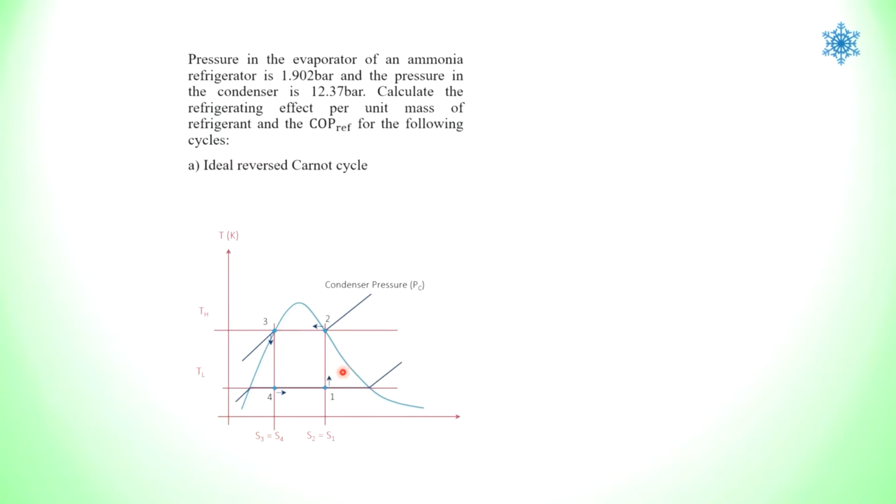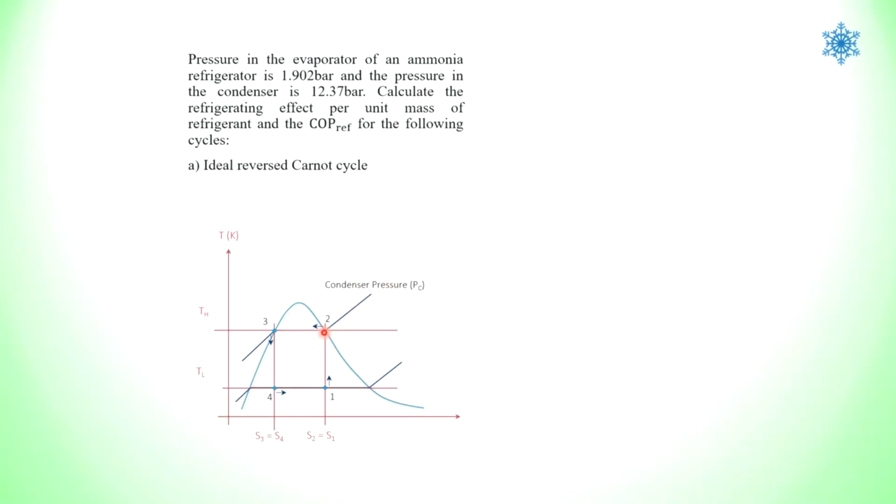Please remember that you also have to find S1 or S2. For this case, don't go for point 1. Straight away find S2, which is equal to S1, and then S3, which is equal to S4. So my advice is to straight away find S2 and S3 at the pressure of 12.37 bar.